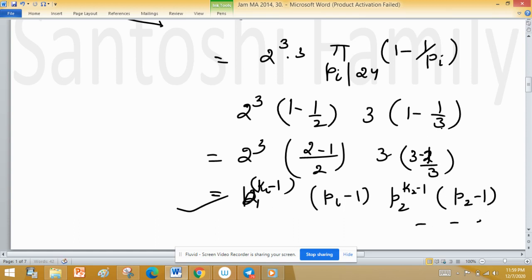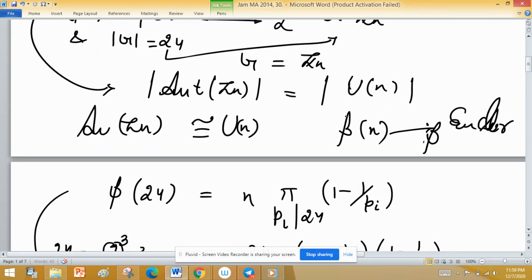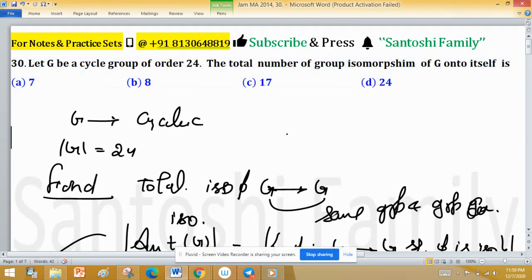So this is another form of this Euler function that you can use, but this is the convenient form. So the true option is B.